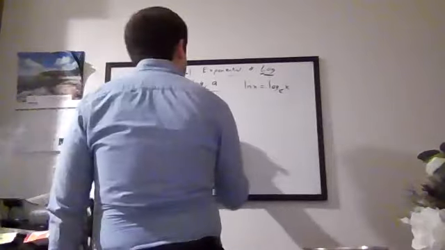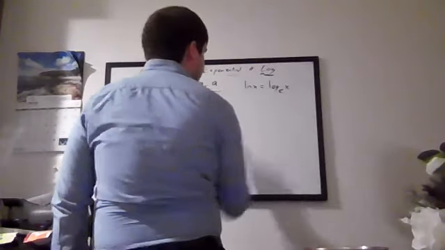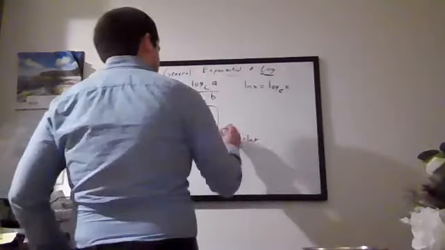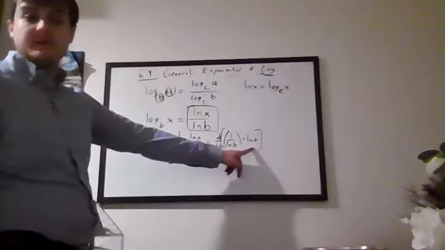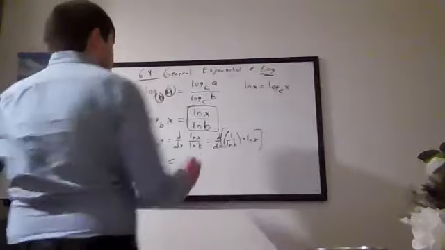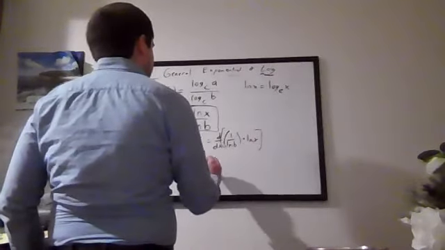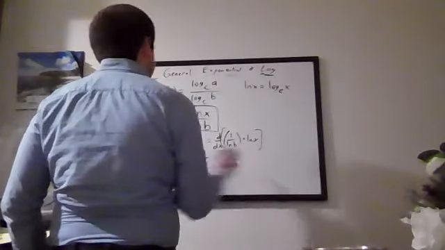So I'm going to rewrite this as the derivative of 1 over the natural log of b, so that's just a number, times the natural log of x. What's the derivative of natural log of x? It's 1 over x. This is a constant, so it just sticks around. So we get 1 over the natural log of b times 1 over x. Or, more formally, we like to put it as 1 over x times the natural log of b.